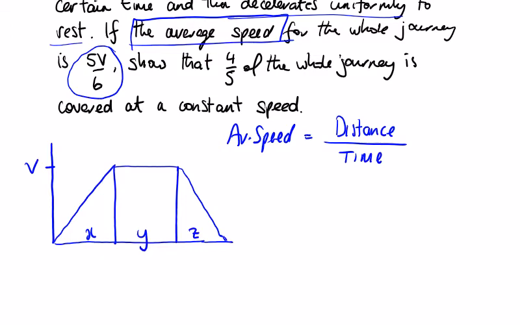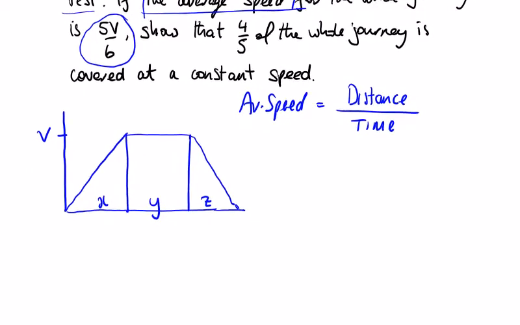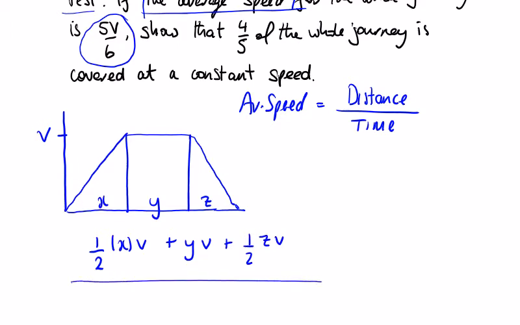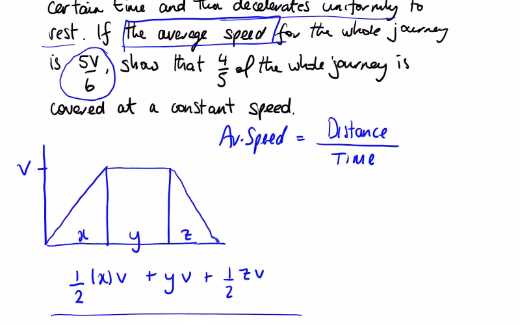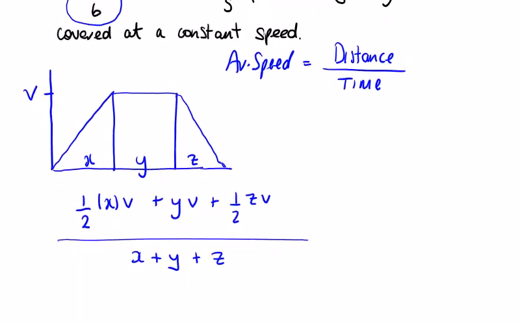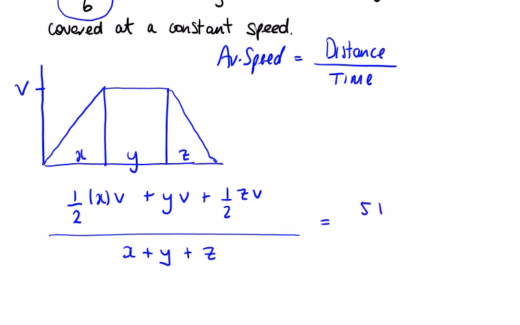So now let's look at, well, we can get the distance. It's going to be a half x times v plus y times v plus a half z times v. That's my total distance. My total time is x plus y plus z, and that's going to be equal to 5v over 6.